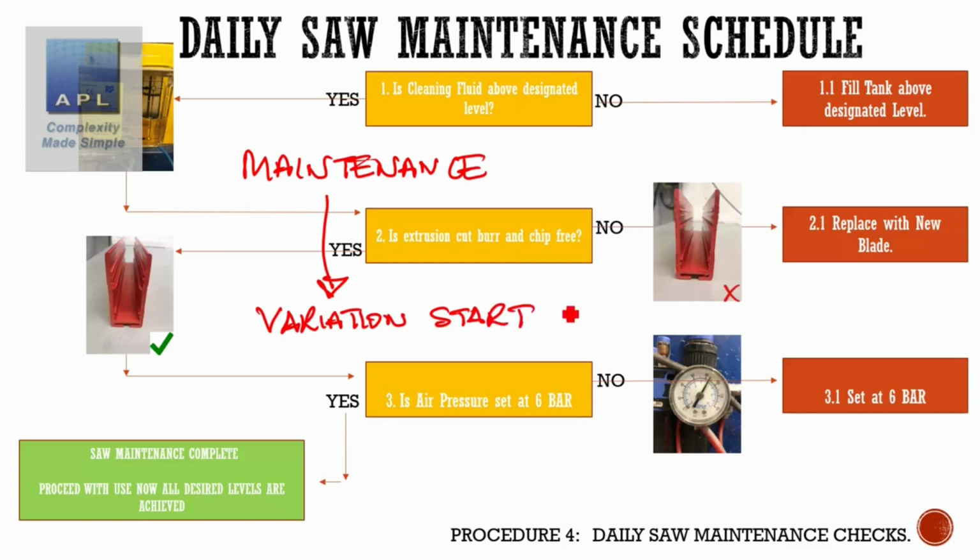If you allow sloppy maintenance, if you cut across maintenance routines, chaos will just enter your process in huge quantities and money will pour down the drain. Maintenance is super important. So they've got things about maintaining the saw blade, keeping the cutting fluid up to level, making sure that the air pressure is right. This is all on the saw, by the way. So they've got maintenance routines in place.